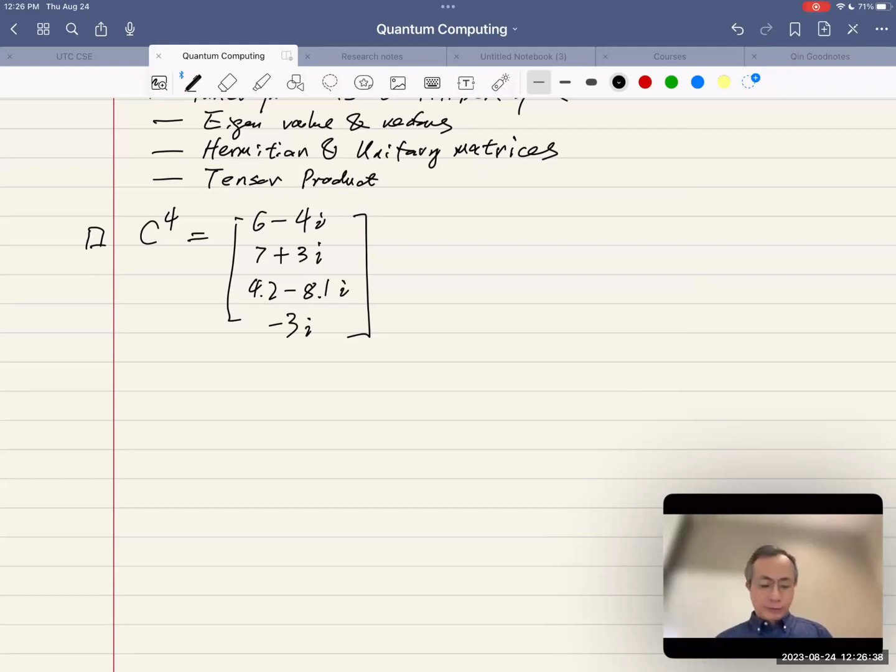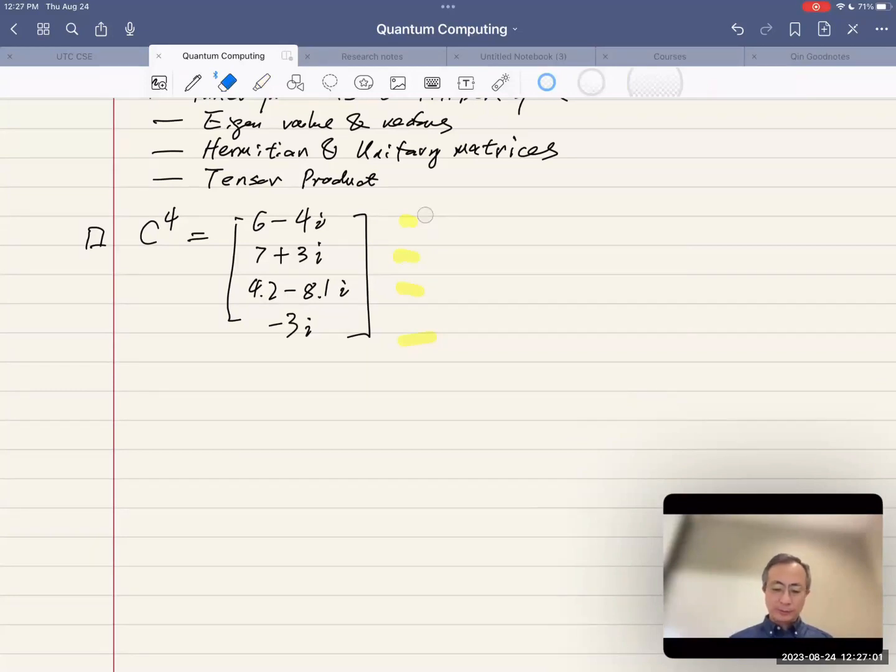You have 1, 2, 3, 4 entries, but each one is a complex number. It could be a real number with the imaginary part being 0, which is still considered as C4, I guess.